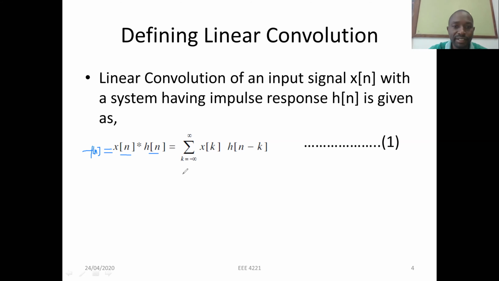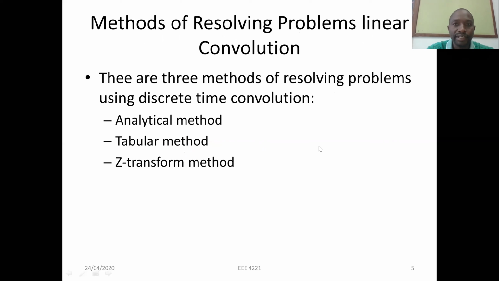So equation 1 here forms the basis of the definition of convolution, and we'll be using this equation in trying to resolve the convolution of two signals, x of n and h of n. Now, I want us to move further by looking at the methods of resolving problems in linear convolution. Remember, I said there are two types of convolution, linear and circular.